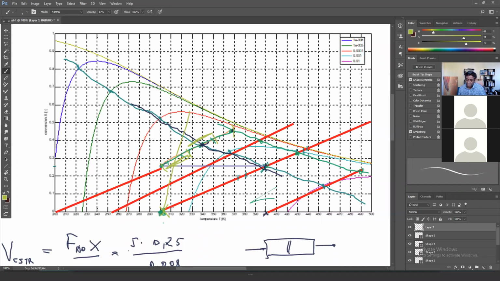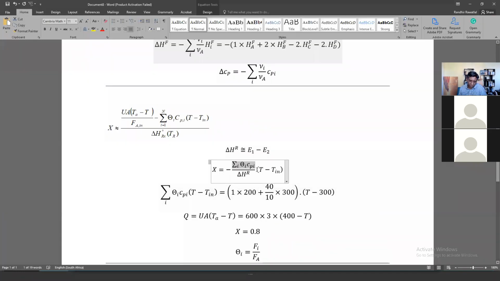So we can, in fact, do that quite easily if we add a high heat capacity inert to the system. In other words, if you just add another term here, so let's say there's some component C, which has a nice high heat capacity. So you've got a CPC, which is a large value in comparison with CPA and CPB.